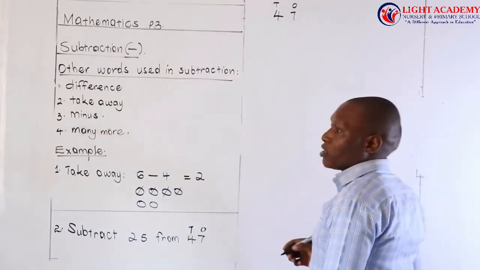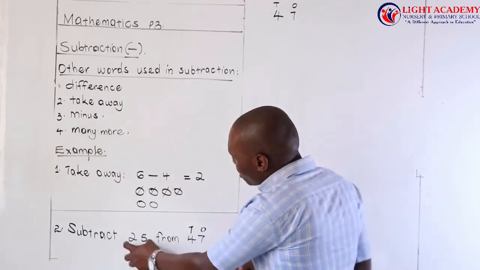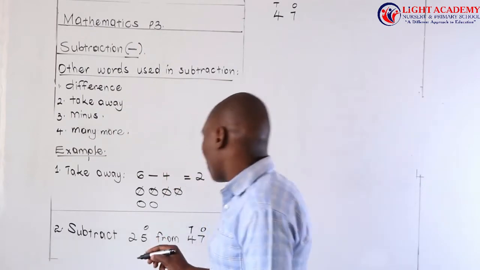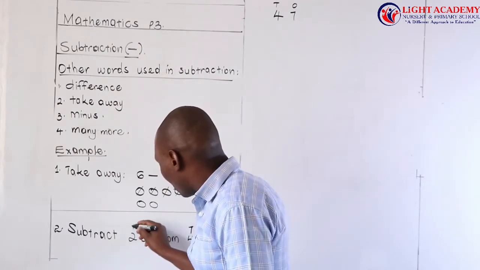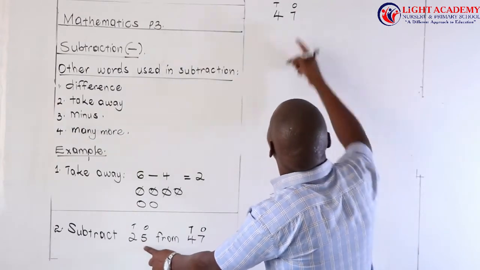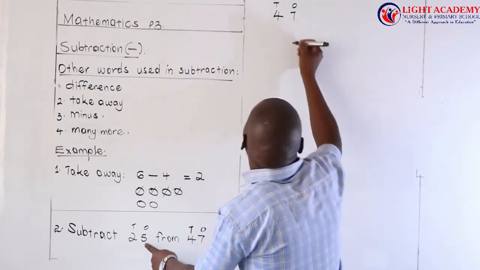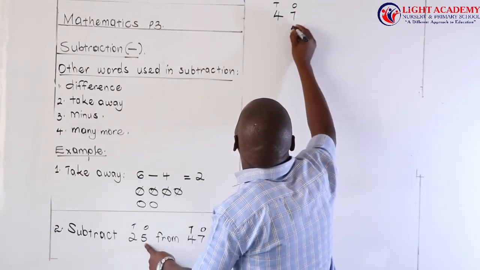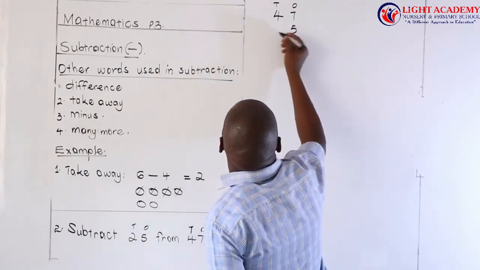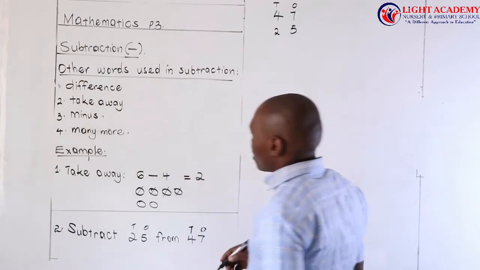I will subtract 25. So 25 has 2 digits. 5 is under the ones place value. Then the 2 is under the tens place value. Therefore, I'm going to write 5 under the ones. So I will have this one subtracted. Then 2 is under the tens, so I will put it under 4, which is under the tens place value.